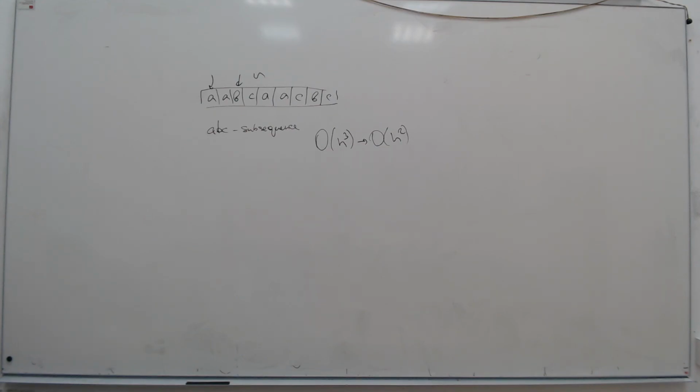So we iterate over A, and then we have to calculate the total number of BC's as a subsequence on a suffix. How can we do that?